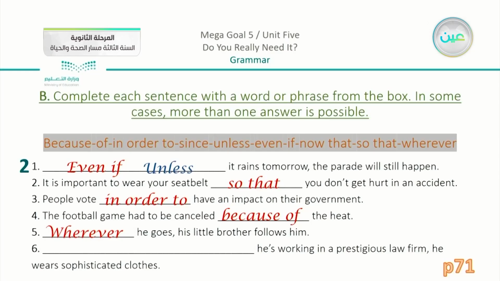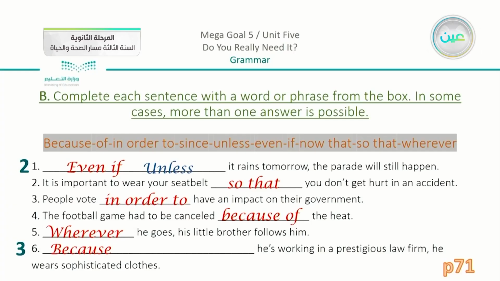And in the last one, number 6, actually we have 3 options for completing the clause here. Let's just read the clause first. He's working in a prestigious law firm. He wears sophisticated clothes. So you can show purpose. We can show a result, for example. So we can say, because he's working in a prestigious law firm.